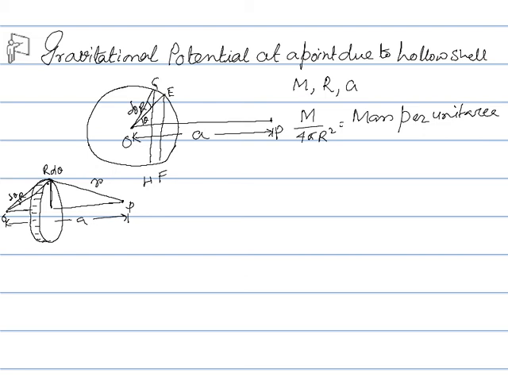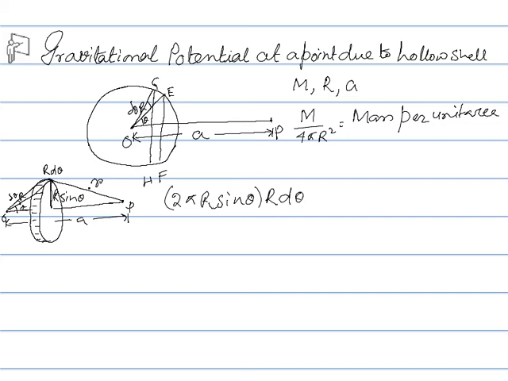So first of all, what is the area of this elementary ring? This angle is theta, so this radius is r sin theta. So 2 pi times the radius, which is r sin theta, into the thickness, which is r d theta. This is the area.